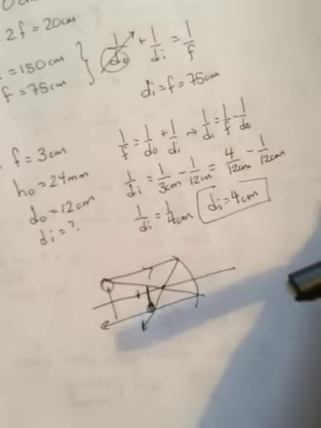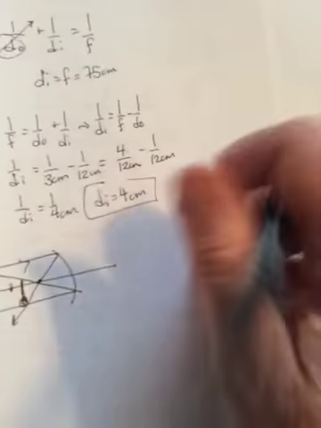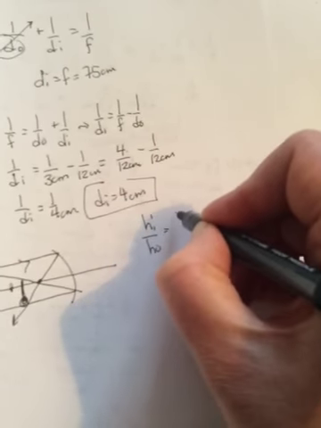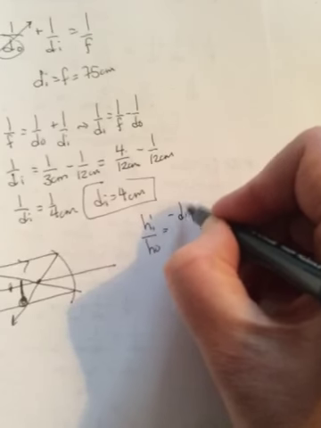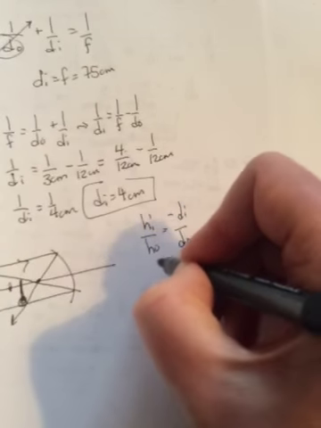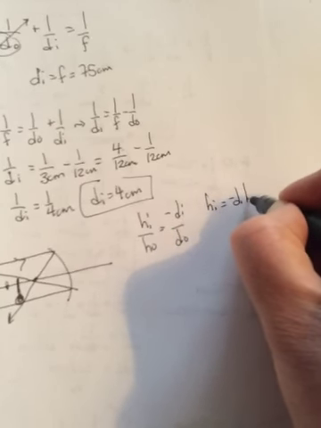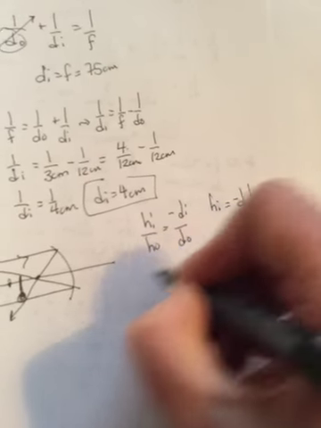And the C part, how high is the image? So HI over HO will equal negative DI over DO. Hi-ho. So HI will equal negative DI HO over DO.